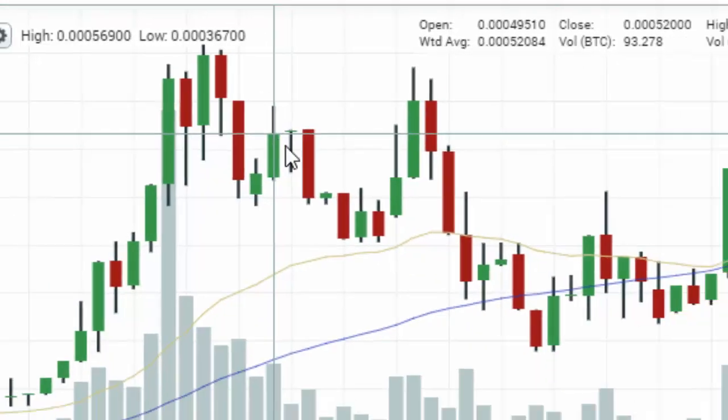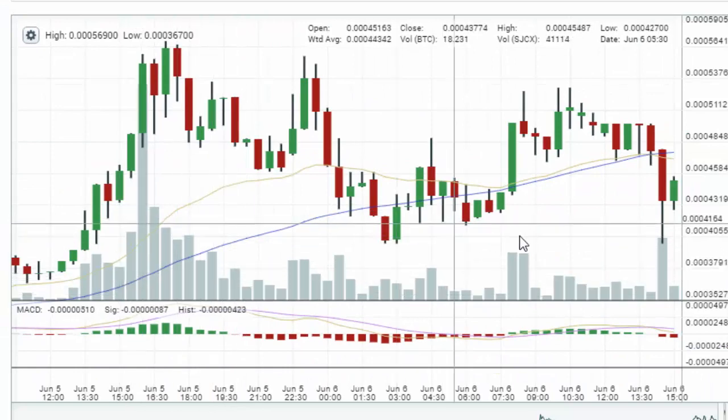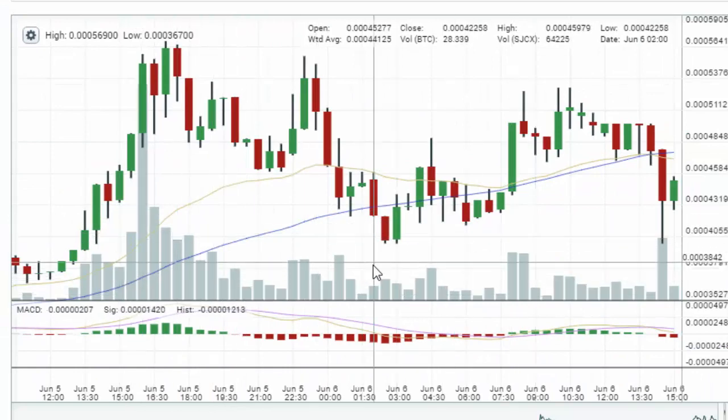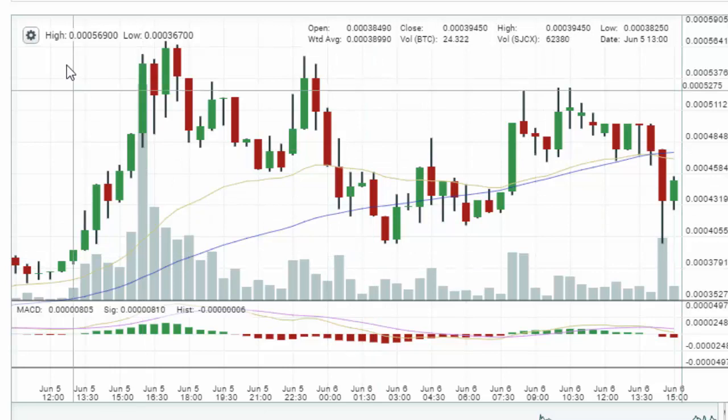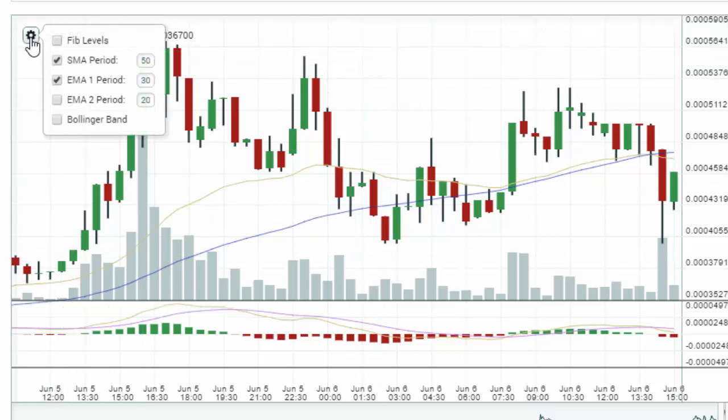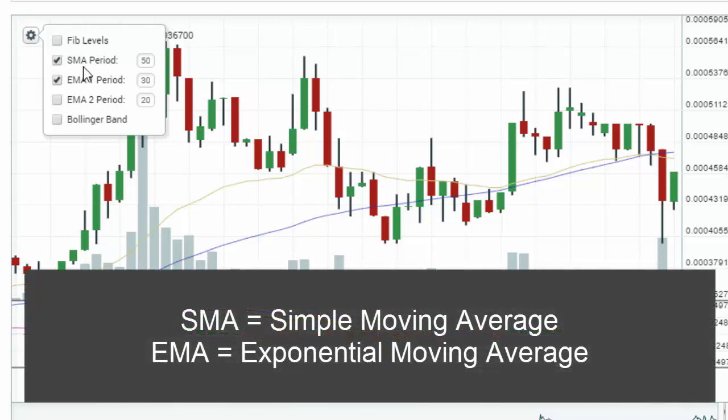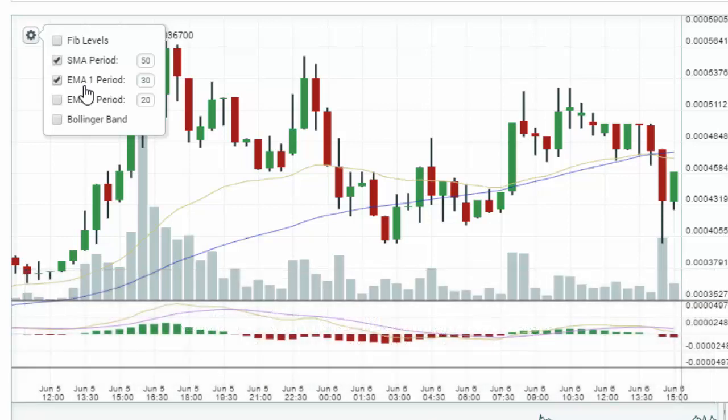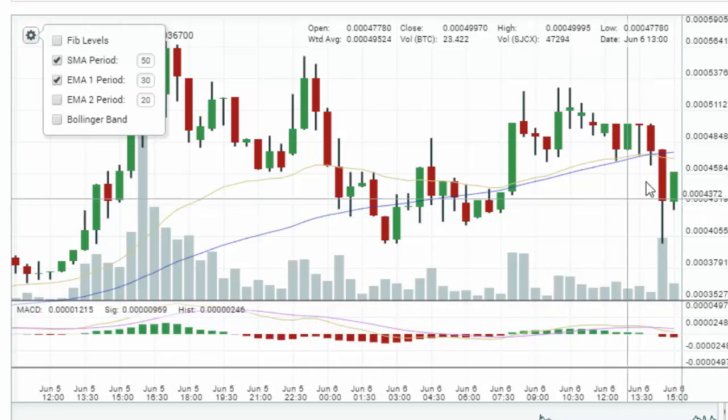So what are all these other symbols and lines on this chart all about? If you go to the tool section here, you can see we've currently got the SMA, which is the smoothed moving average, and the EMA, the exponential moving average. The exponential moving average puts more weight on the more recent movements in price.